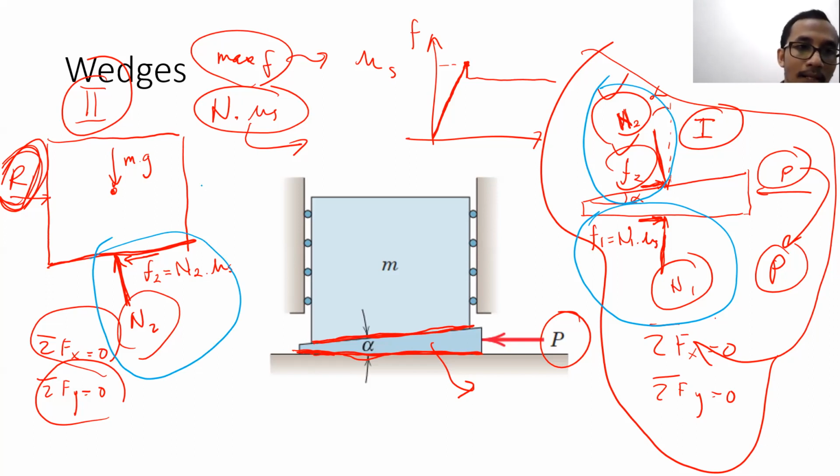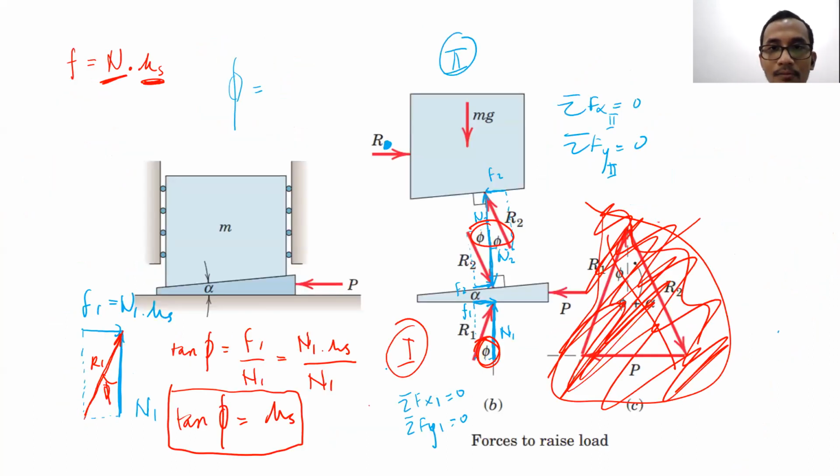Drawing the free body diagram like in this particular page is correct, or drawing the free body diagram like in this page is correct as well. It depends on which way you are more comfortable with. Okay, do you get it, guys? Any question here?